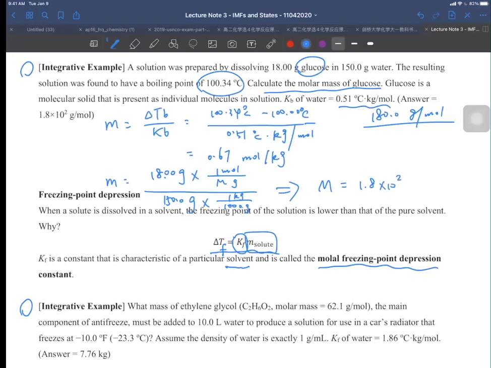So if you finish, you can check with me. We don't need to use this.